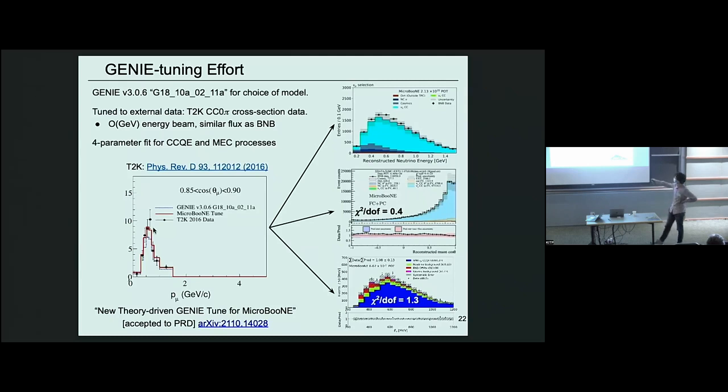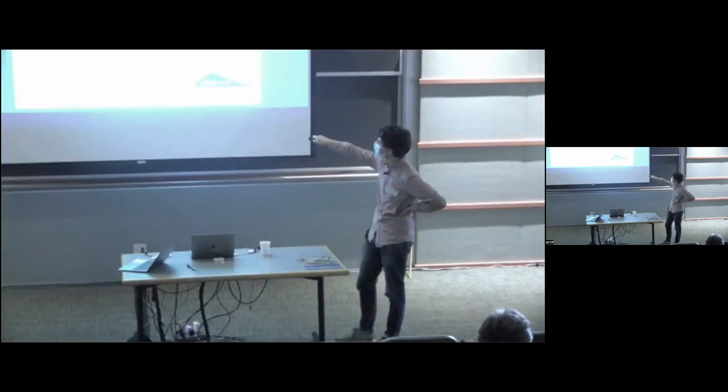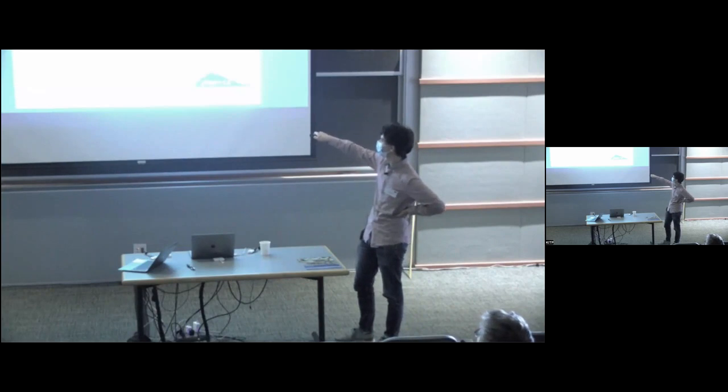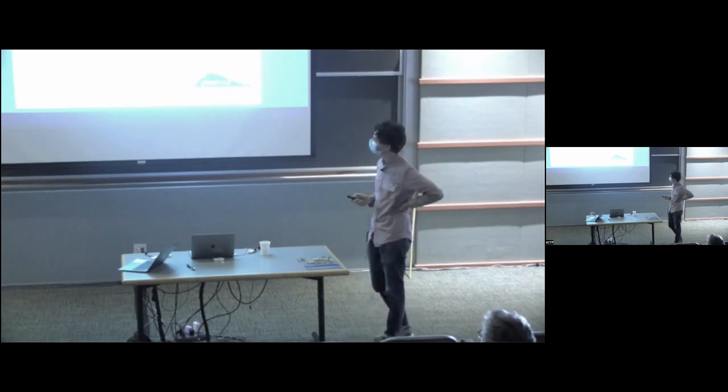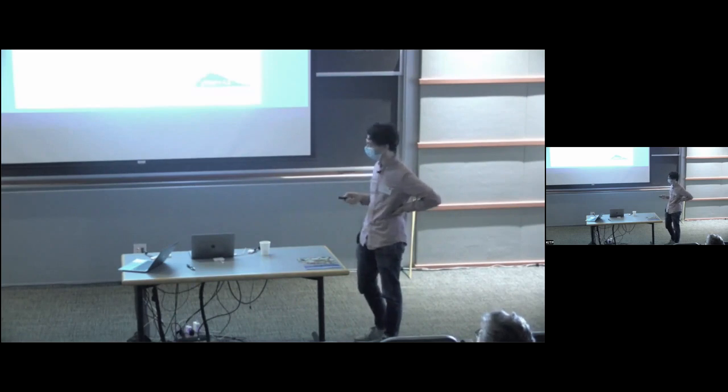And we took the model, these 4 parameters, and tuned them to data from T2K, from a pionless charged current muon neutrino measurement. Here you see a snapshot of one of the bins in this double differential measurement. The data points are the T2K data. The blue dashed histogram is the GENIE model out of the box. And the red line is the GENIE model after tuning on these 4 parameters.